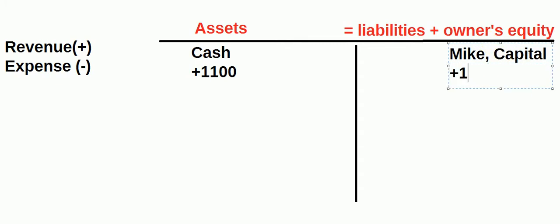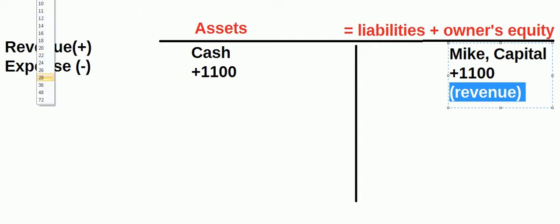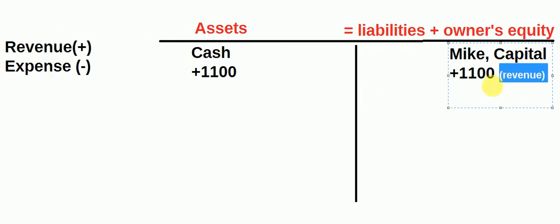Gonna move it here, plus 1100. Okay? And how do you increase my capital? You do revenue. Okay? Let's remember that revenue is sales. The word revenue is synonymous to sales.